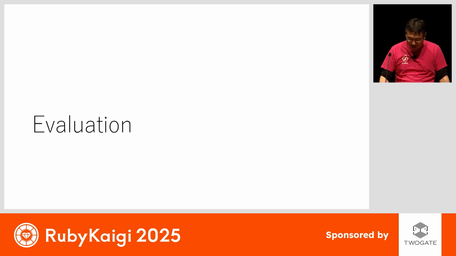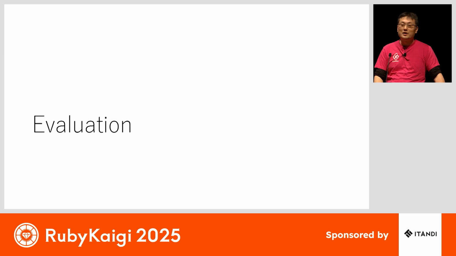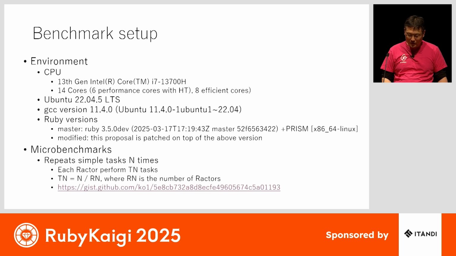From here, I'd like to talk about the evaluation. We measure the performance of our proposal through micro benchmarks, comparing it against the current Ruby implementation. Here is the benchmark environment. I use 14 cores, with 6 performance cores and 8 efficient cores, of an Intel CPU.